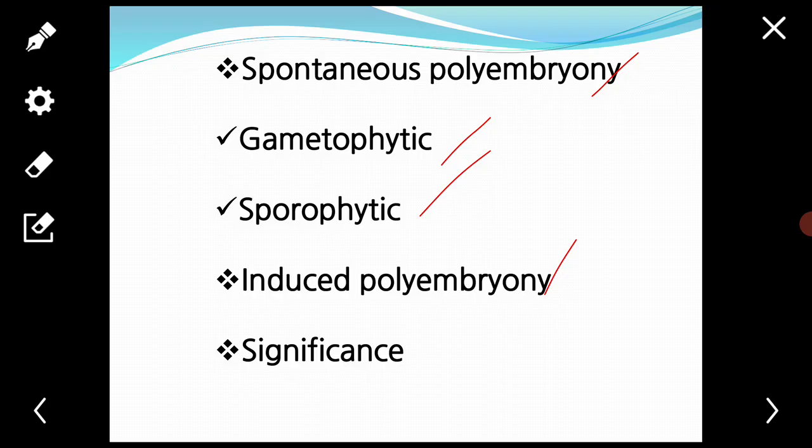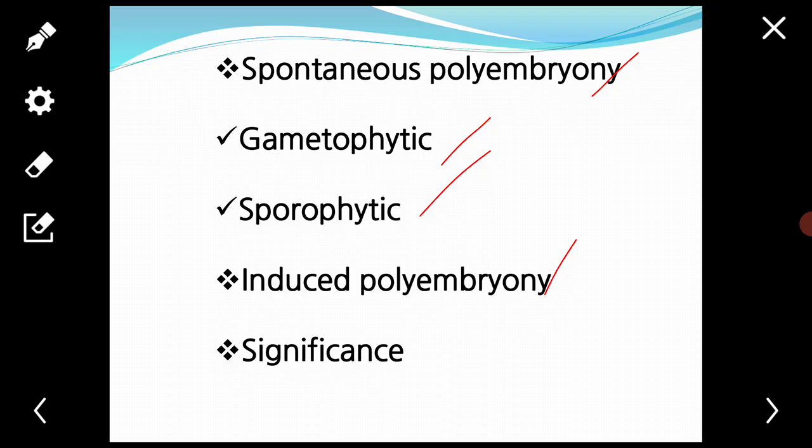The adventive embryos provide uniform seedlings of parental type. The nucellar embryos are free from disease.